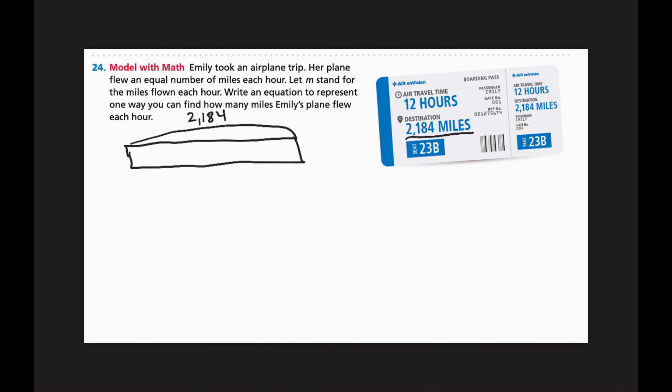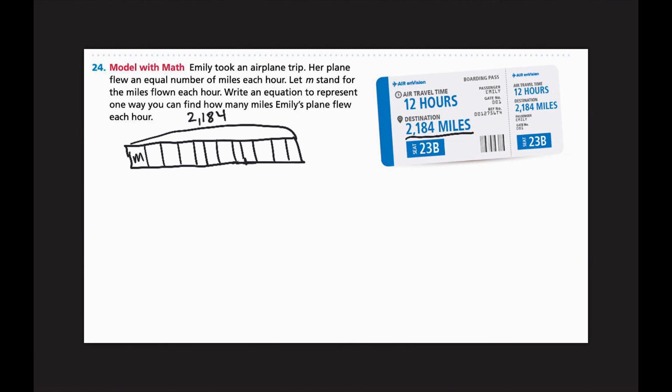Then I know that trip was over 12 hours, so it's split into 12 hours. Okay, sorry, that's not as beautiful as it should be, but you can see here that we have 12 sections divided up. What we want to know is how many hours or how many miles they flew each hour. So we're going to end up having 12M.